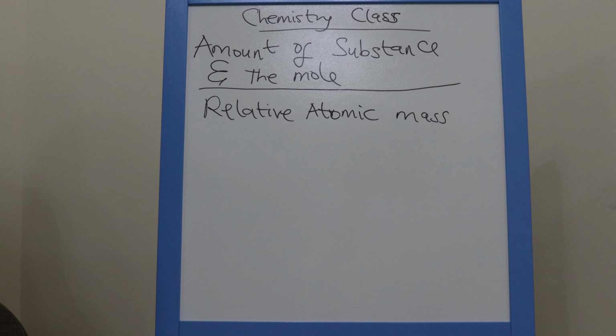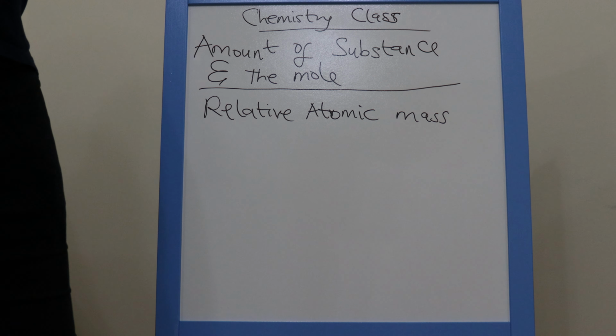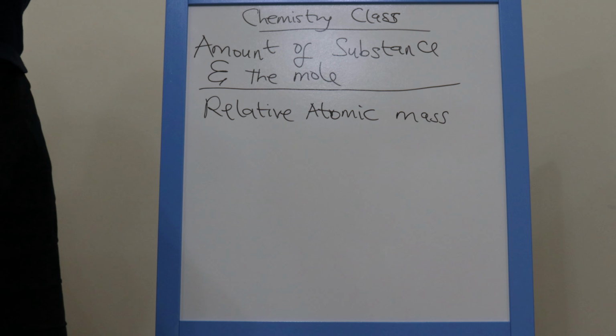In simple terms, relative atomic mass is defined as the average mass of one atom of an element compared with 1/12 of the mass of one atom of carbon-12.